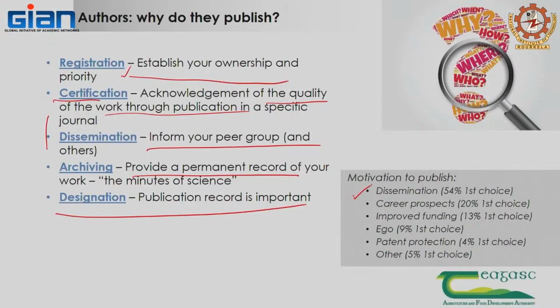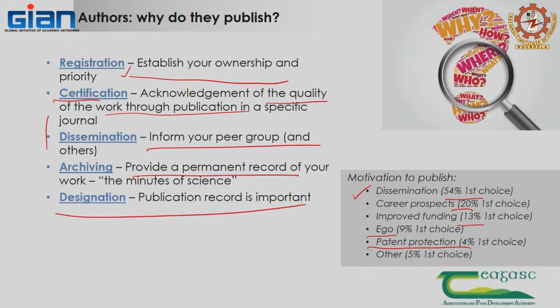Motivation: this is one of those surveys. The survey was carried out among different researchers. They wanted to see why they wanted to publish. One, dissemination, 54% as first choice. Career prospects: if I publish it, I will get a job. If I publish this, I will get a promotion. Improved funding: publish in a specific area so that you get more funding. Ego: that fellow published in this, I want to do it in the same journal.